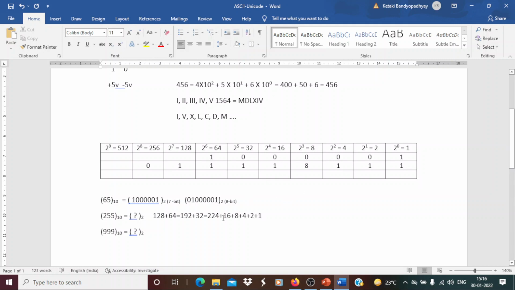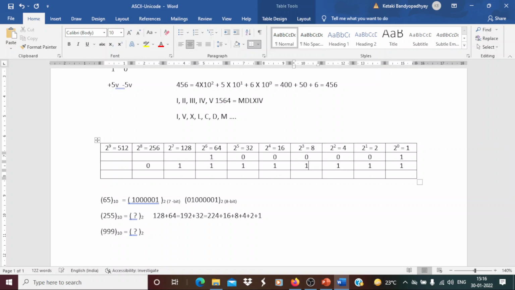So 224 plus 16 becomes 240, 248, 252, 254, 255. So in every position there is a presence of signal.